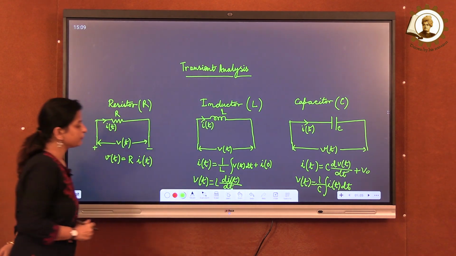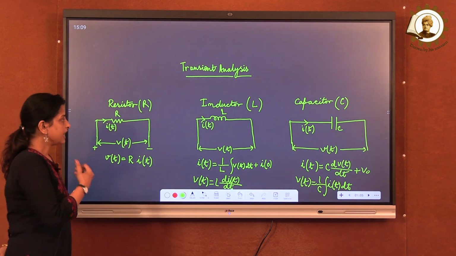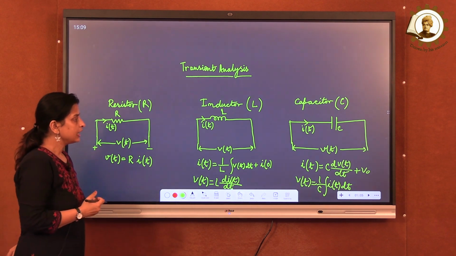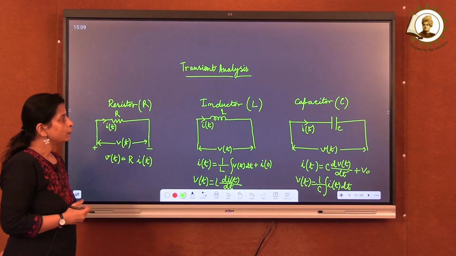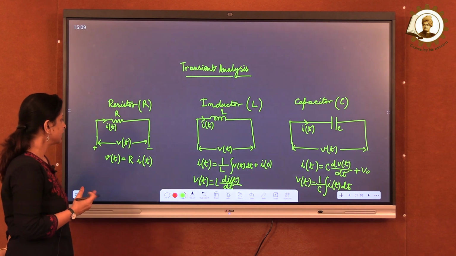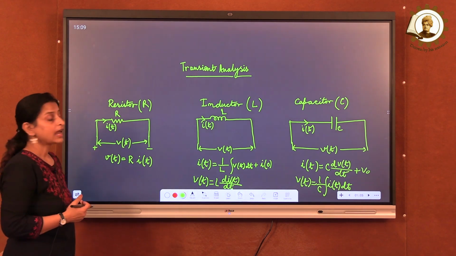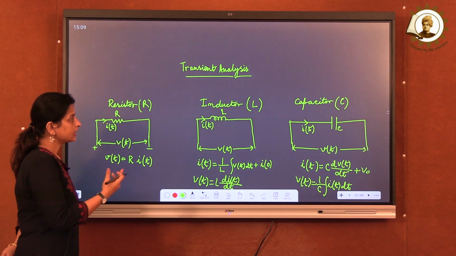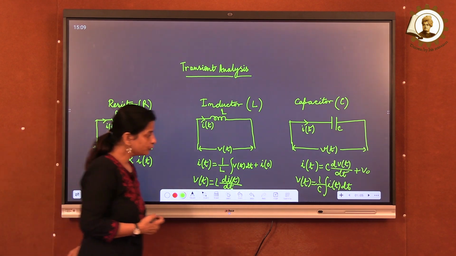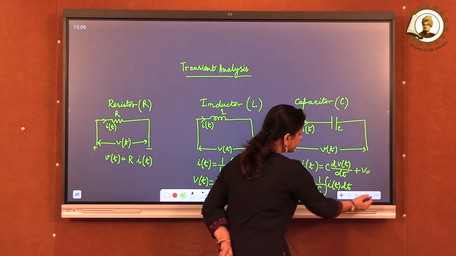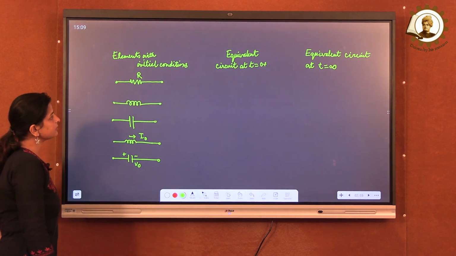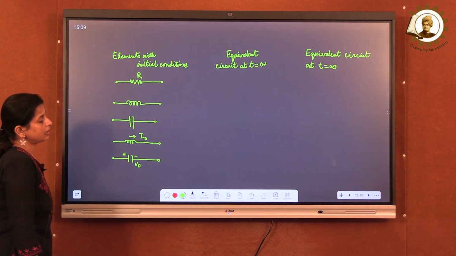So now if you have a network which comprises of resistor, inductor and capacitor, you can calculate the current flowing through inductor, capacitor and resistor, as well as the voltage across each of the elements.